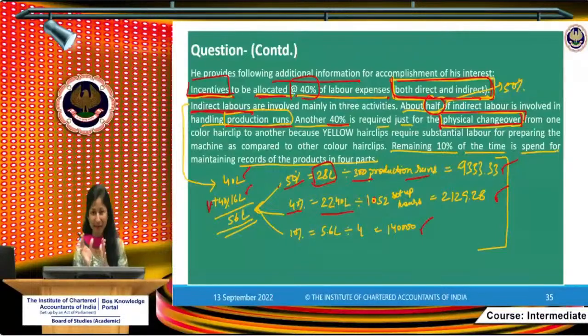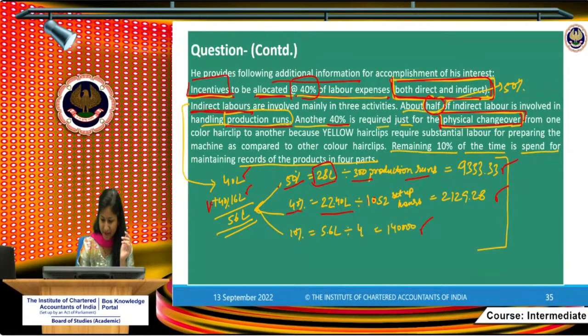So it takes time definitely. This time required is the physical changeover time, which includes the setup time and how many times the company is setting up, meaning how many times the company is running the production. So the total physical changeover means the production run and the setup time together.